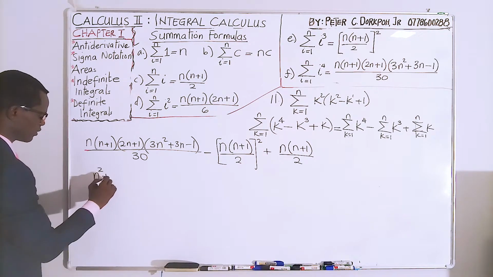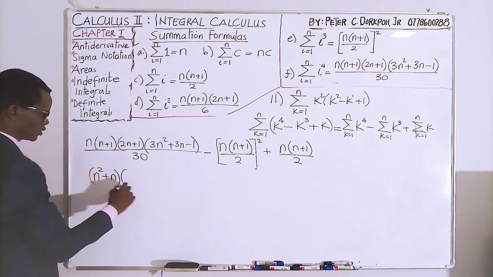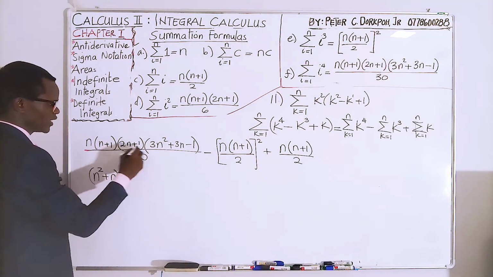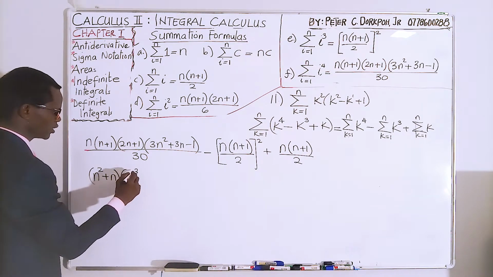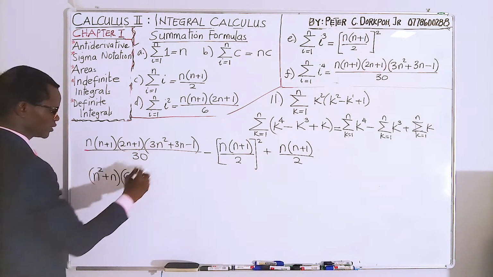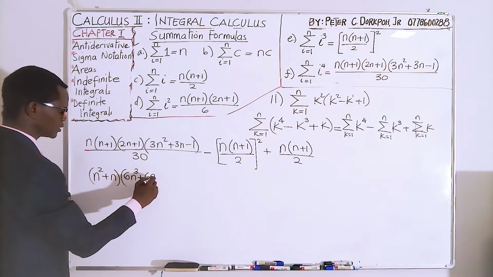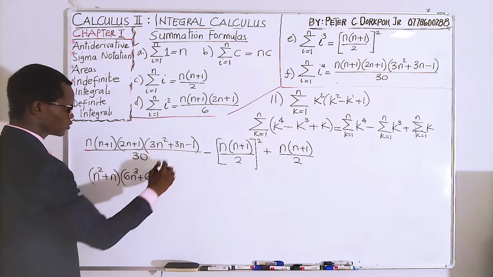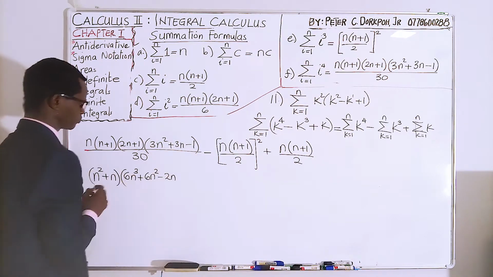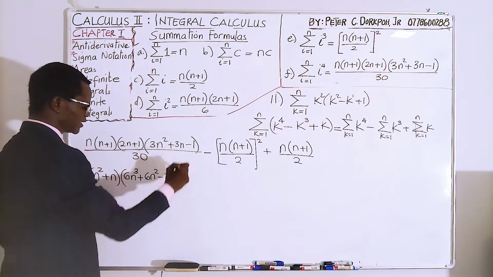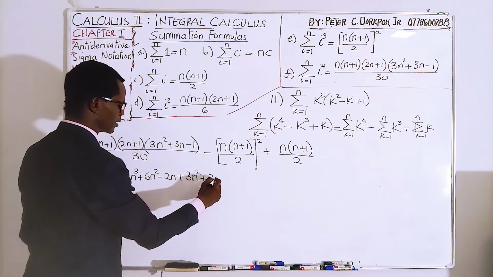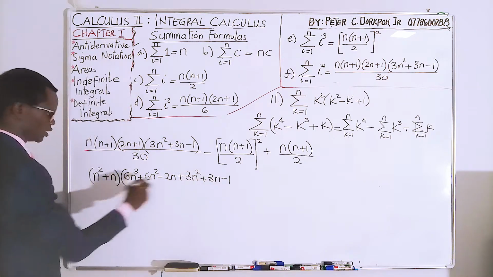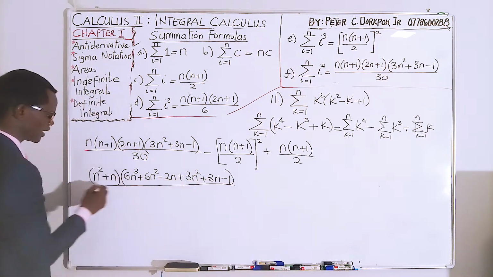N times 1 is n. Now we multiply this and this: 2n times 3n squared is 6n to the 3rd. 2n times 3n is 6n to the 2nd. 2n times minus 1 is minus 2n. And 1 multiplied by this is the same thing, 3n squared plus 3n minus 1. So this whole thing should be divided by 30.